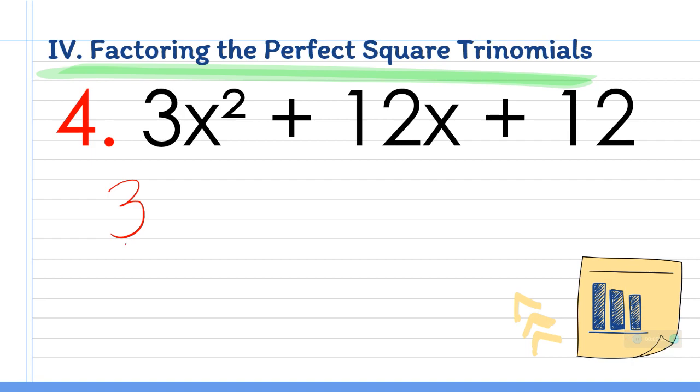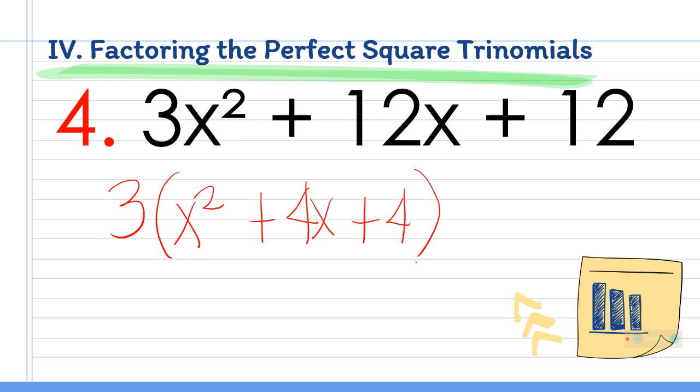Therefore, we only have 3 as our common factor. And then we have to perform division. So you will have here 3x squared divided by 3 will be x squared. And then 12x divided by 3 will be positive 4x. Then positive 12 divided by 3 is positive 4.